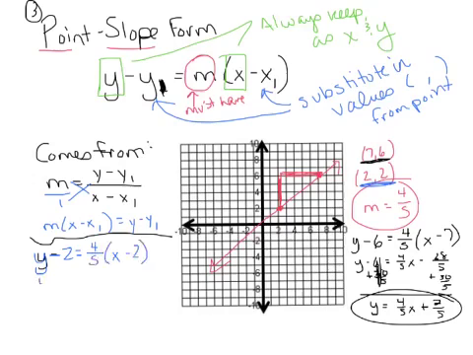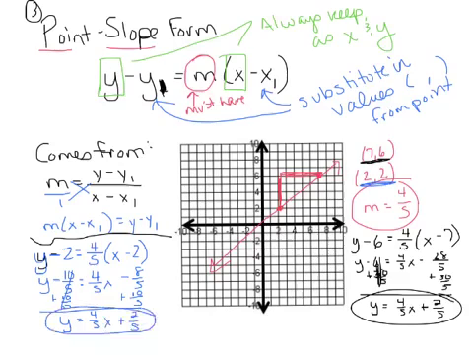I'm going to distribute, and keep in mind that I'm going to need fifths, so I'm going to change the 2 to 10/5, which is the same thing as 2, and it will equal 4/5 x minus 8/5. I'm going to add 10/5 to both sides. So I'm going to end up with y is equal to 4/5 x plus 2/5.